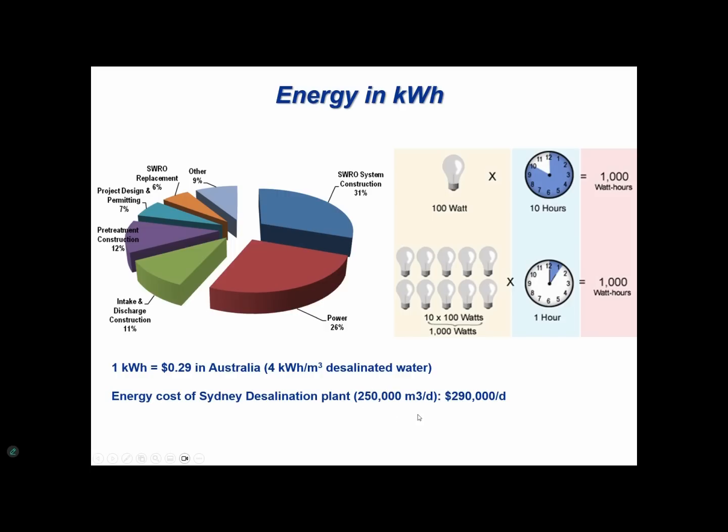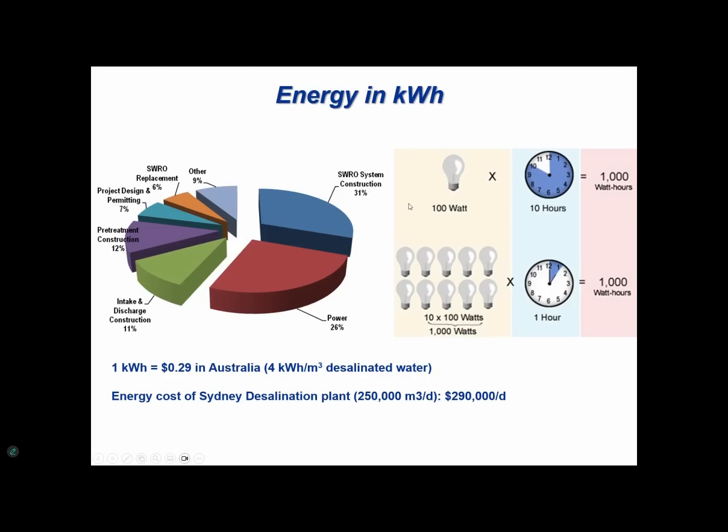So when you come to Sydney and open the tap, 15% is desalinated water combined with dam water from the Blue Mountains. It costs the Sydney desalination plant $290,000 per day, which is a very high cost. So we have to decrease this energy cost.